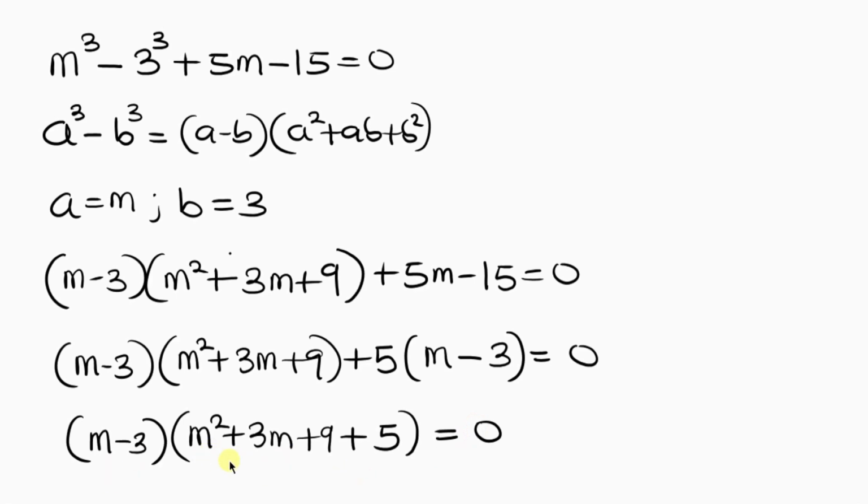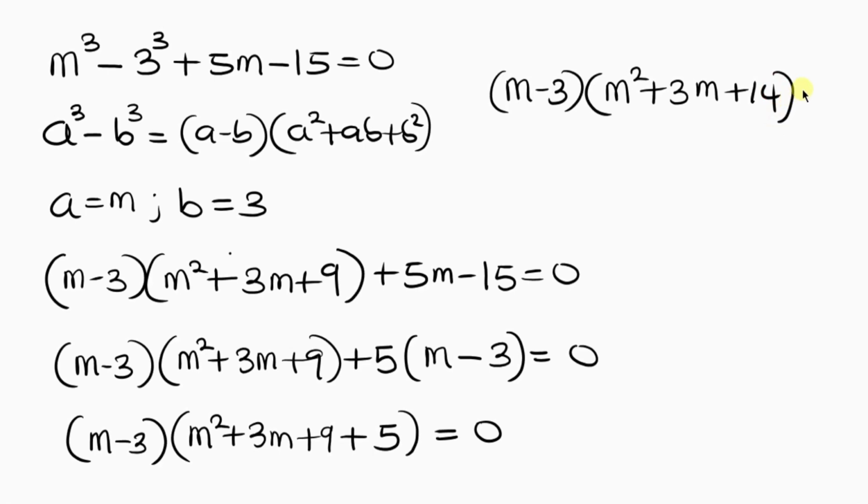And now simplifying what we have here, we have m minus 3 times, this is m squared plus 3m, and then 9 plus 5 is 14. So plus 14 equal to 0. Very good.